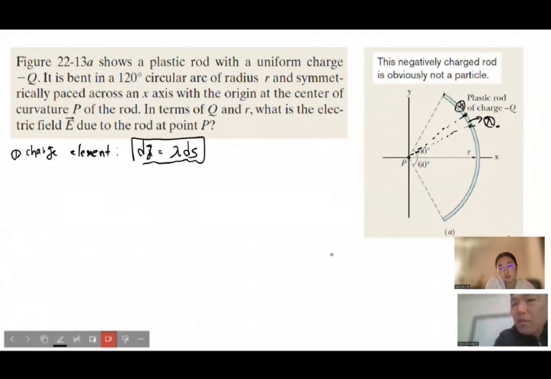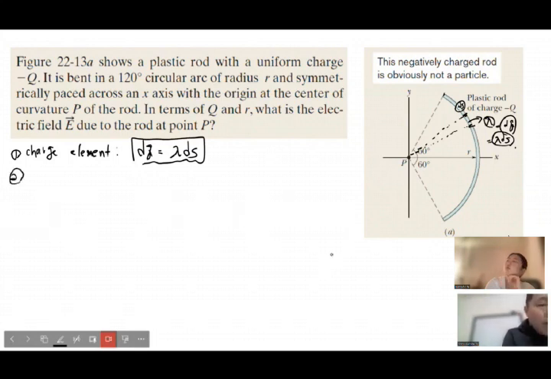So the charge should be lambda times ds, a fractional charge of this arc. The total charge is minus Q, so if you integrate this dq along the arc, that should be minus Q.